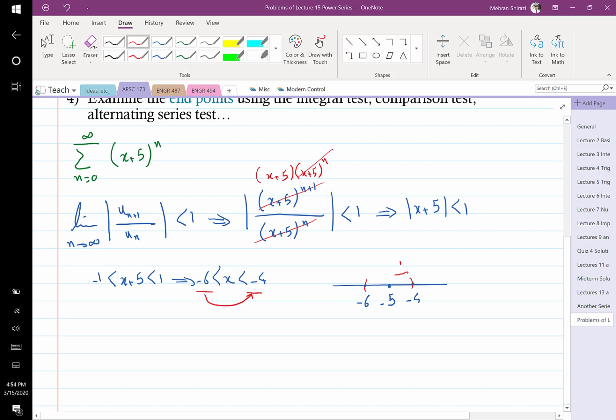Now we should check these 2 points, -4 and -6. We don't know what happens at these endpoints, but in the interval between -6 and -4 we are sure that it converges absolutely, because it's the result of the ratio test, which gives us absolute convergence. But we should check -4 and -6 too.